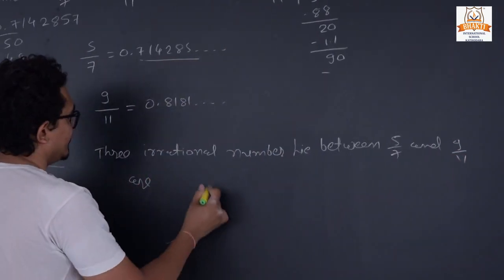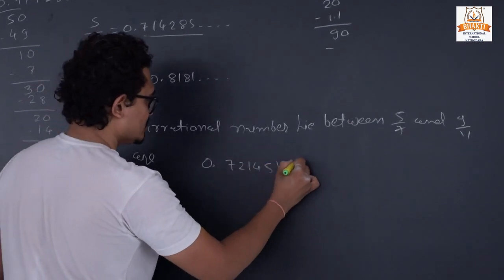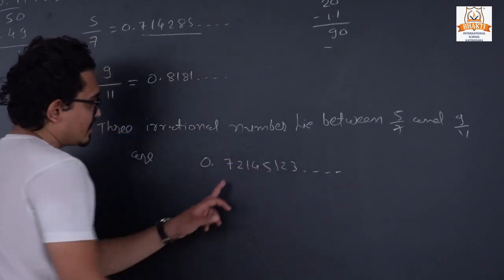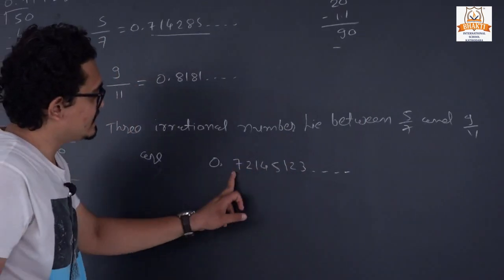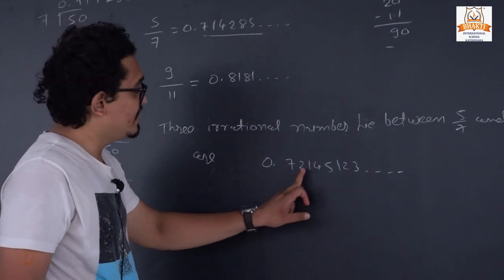We can write like that, 0.721452, like that. So here see that it will be non-terminating as well as non-recurring. Digits are not repeating and the remainder is not 0.